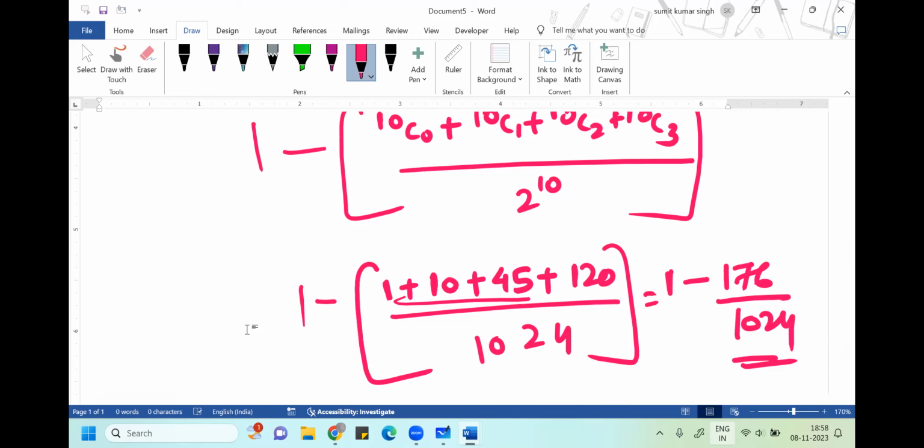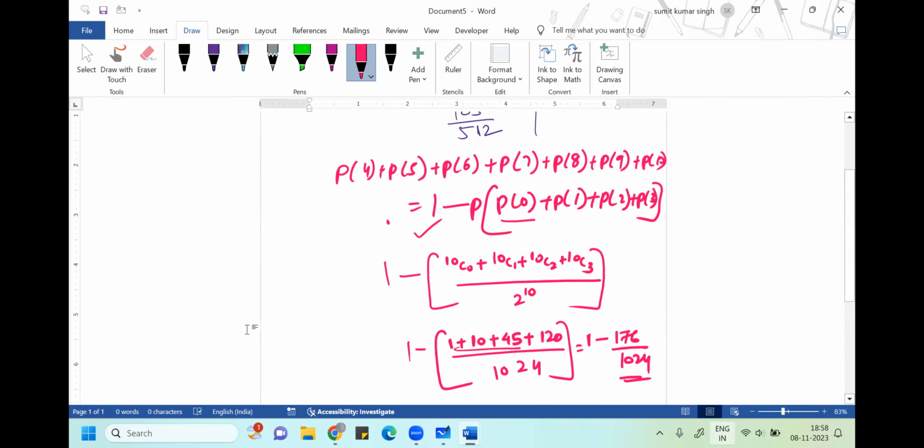Clear now, everyone? Any doubt? So either you do it like this, or you should know the Pascal triangle.